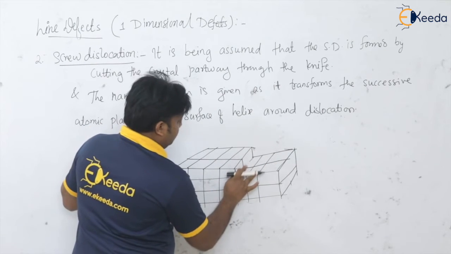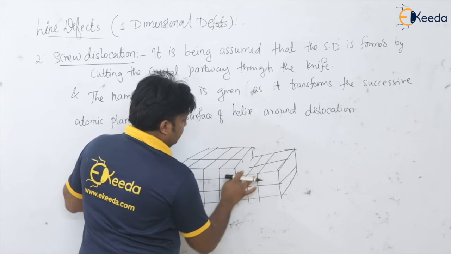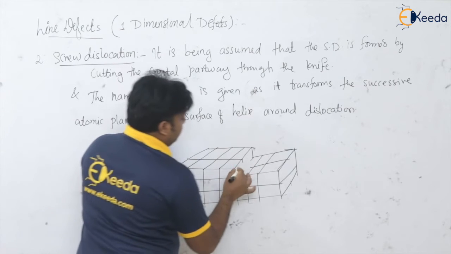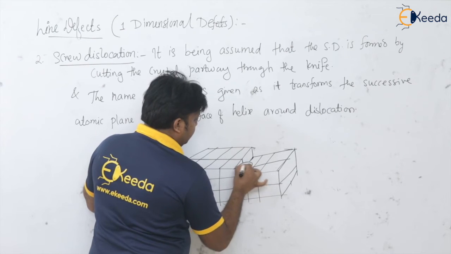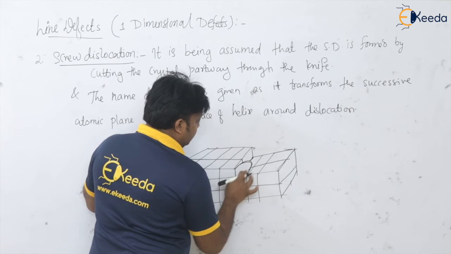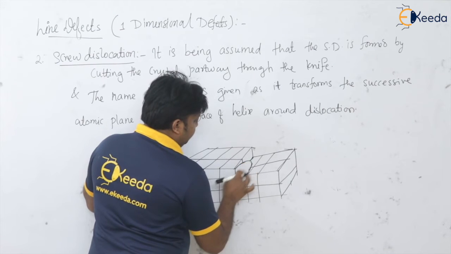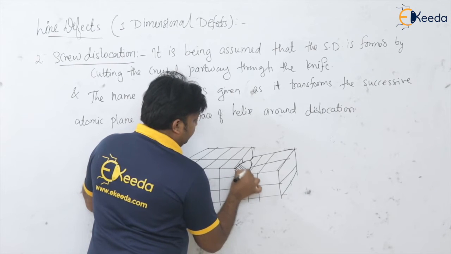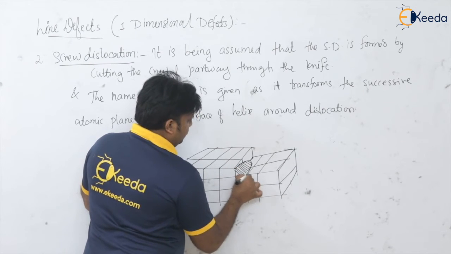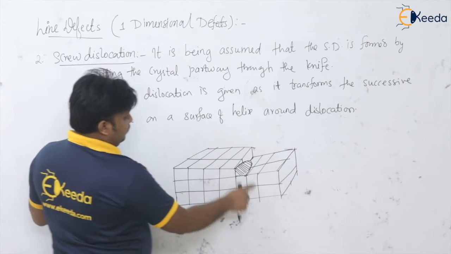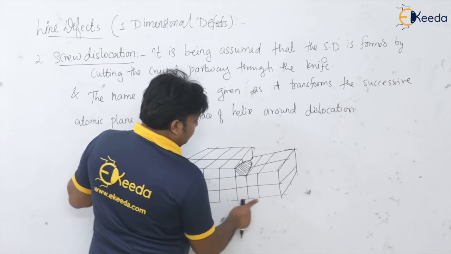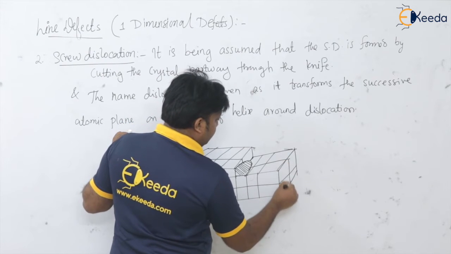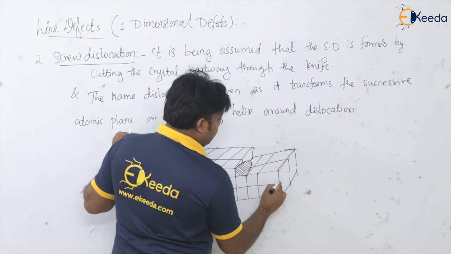So see here, this is the stacked crystal and it is assumed like it is being cut, cutting part away through the knife. Of course, at each corner there are the atoms. So this is the screw dislocation.